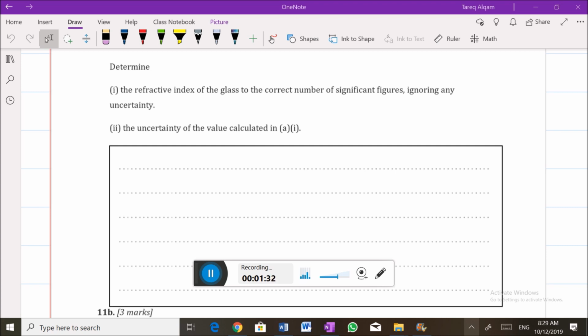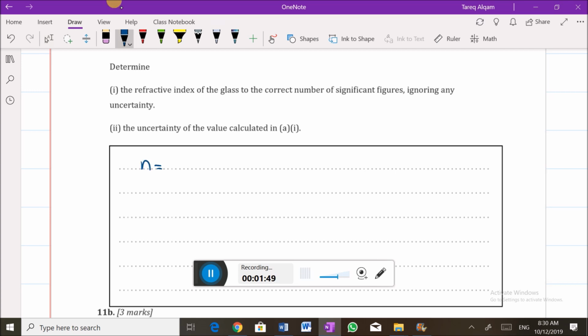Okay, first part, guys, the aim of this part of the question is only to examine how you will deal with significant figures. But be careful, it's just a direct calculation.